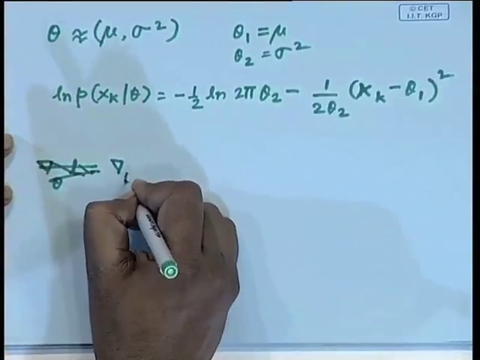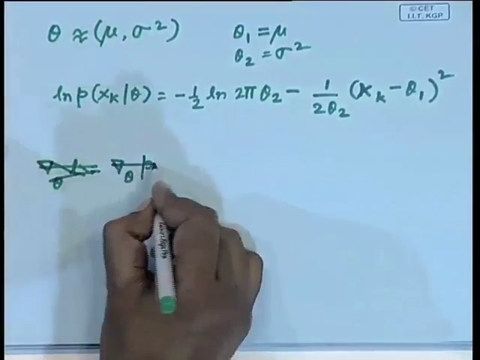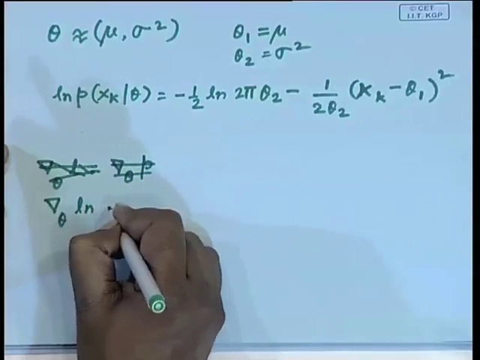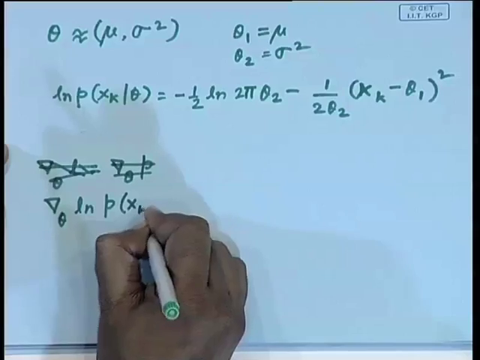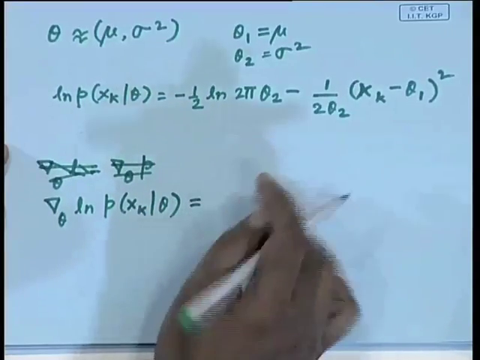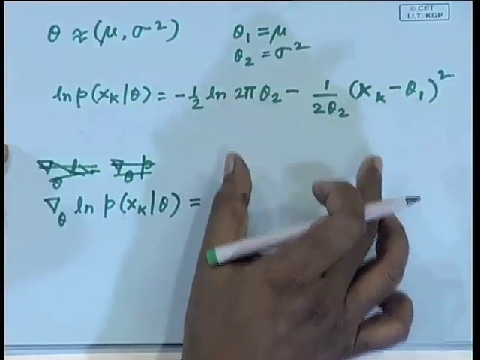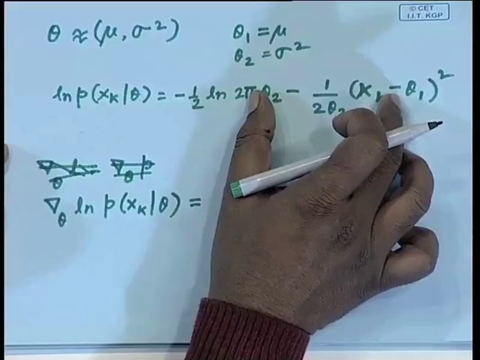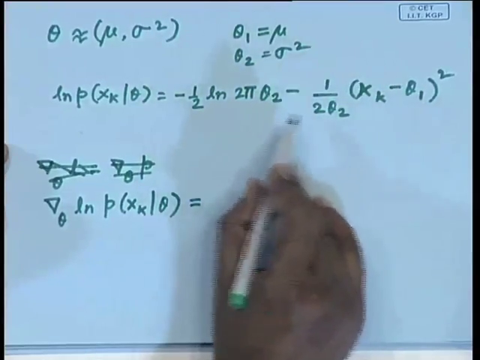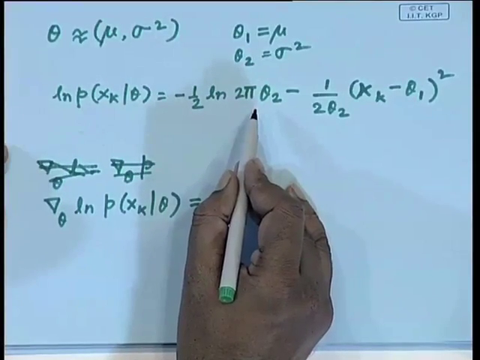So, let me put it as grad theta of ln p(x_k given theta). Okay. So, this is nothing but I will have two components. One is the derivative of this with respect to theta 1, the other one is the derivative of this with respect to theta 2. So, when I take the derivative of this with respect to theta 1, you find that the first component is independent of theta 1. So, this will be equal to 0.